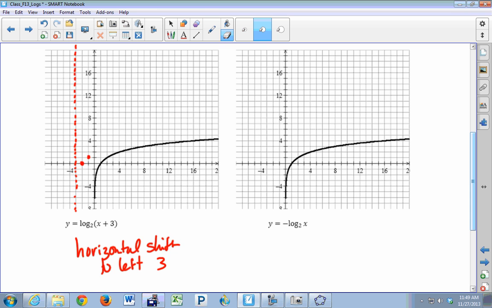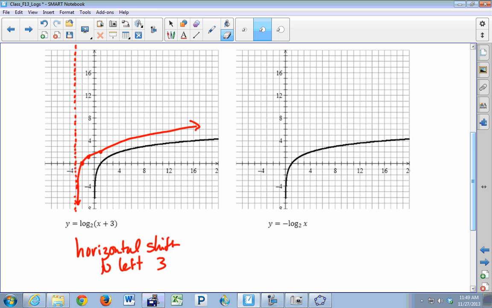What was originally 4, 2 now becomes 1, 2. And I don't really need to do anything after that because as I get closer and closer to -3, I hug that down to -infinity, and then I just keep the shape the same. There we go. So that's how I would graph that transformation.